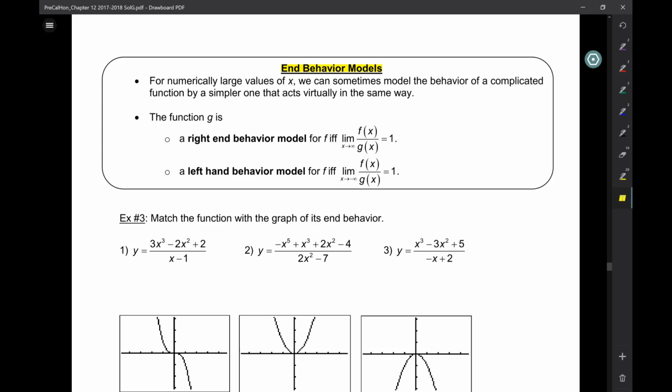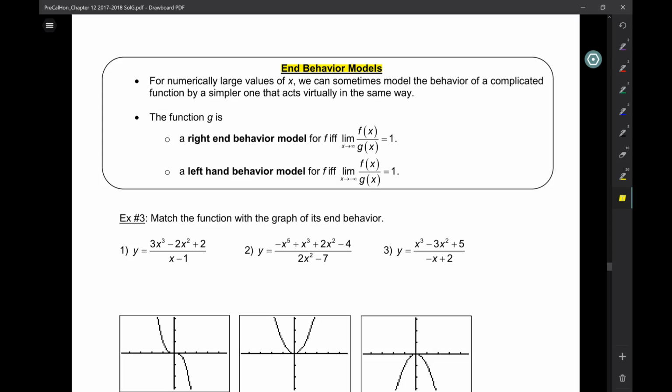You want to know what happens as t increases, what happens at an infinitely large amount of time, right? So for that, what we usually say is, okay, as x approaches infinity, this will look like a quadratic function. As x approaches infinity, this will look like a cubic function, right?